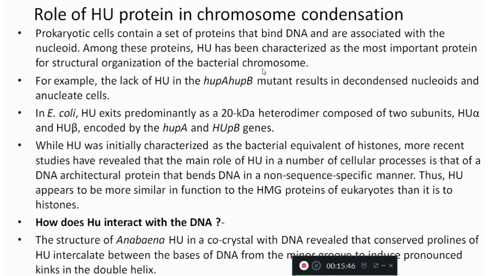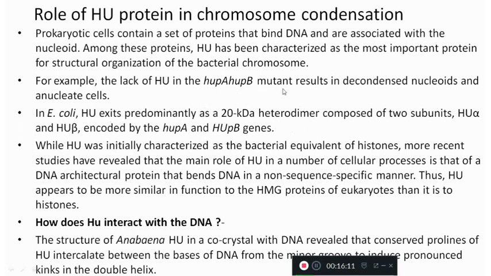For example, the lack of HU, as you can see in these kinds of mutants, hupA and hupB mutants, it is seen that the nucleoid becomes decondensed. In mutants of the HU protein, hupA and hupB, the nucleoid doesn't condense in the manner that we are talking about.